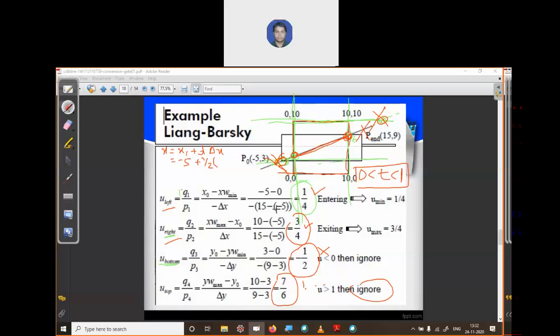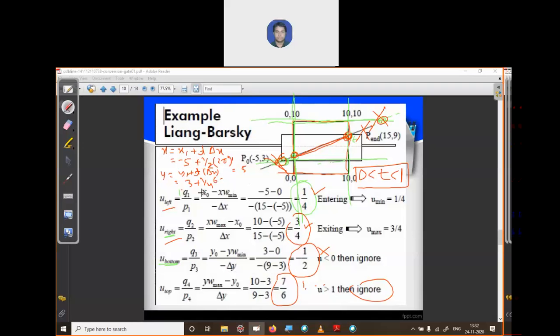What is the delta x? It is 20. So 20 into 1 by 4 is 5, minus 5 plus 10 is 5, so the value of x is 5. For y: y1 plus t into delta y, that is 3 plus 1 by 4 into delta y, which is 6.